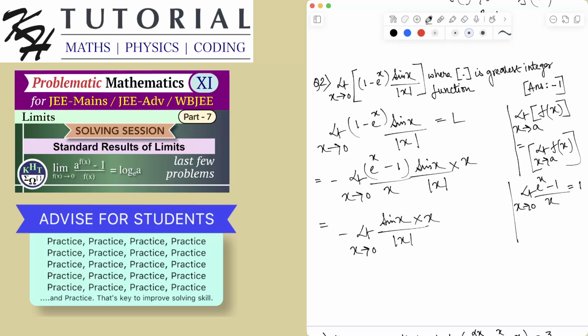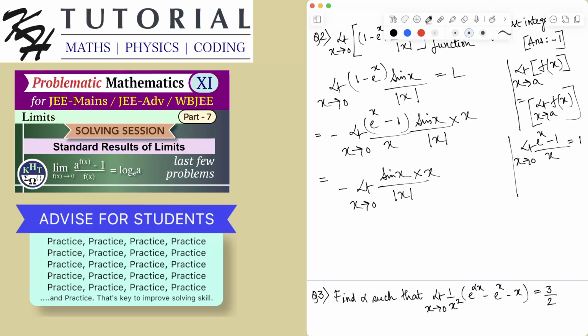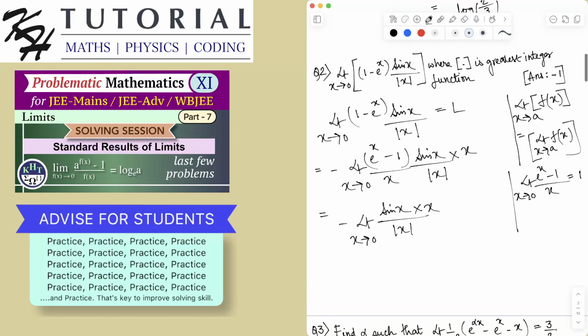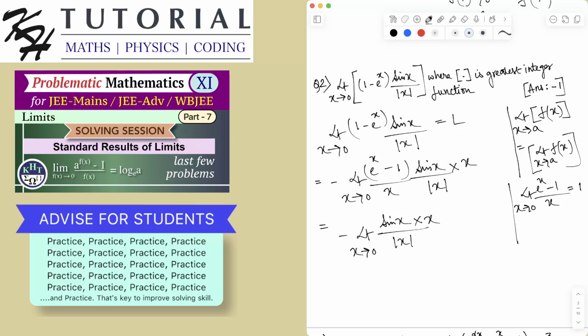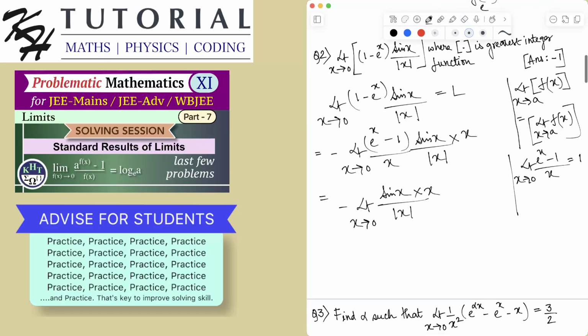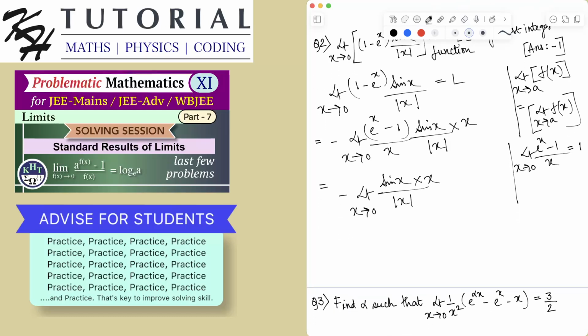Now we have to be a little careful over here. I think we have to investigate whether mod x, when x is tending to 0, so x is tending to 0.